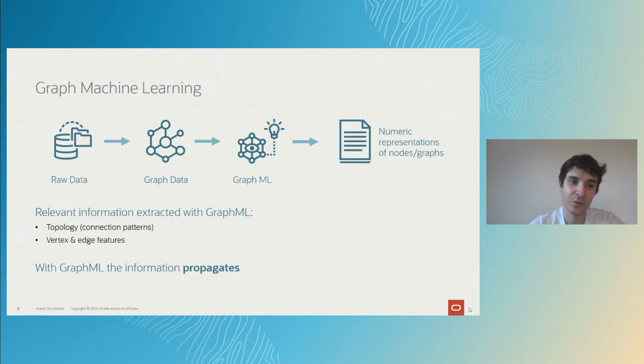The power of GraphML comes mainly from the fact that you don't have isolated entities, you don't have just a vertex where you look only at that to make the prediction, but you look all around the vertex, how it's connected, and the information propagates in that graph. Which is why on many tasks where we leverage GraphML, we can achieve better accuracy or better performance in general than more traditional techniques.